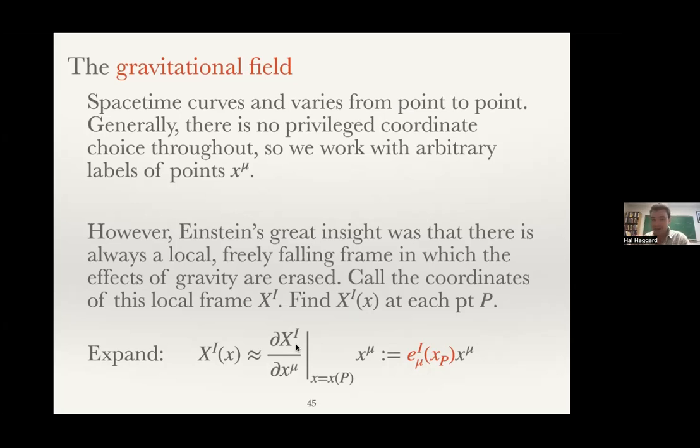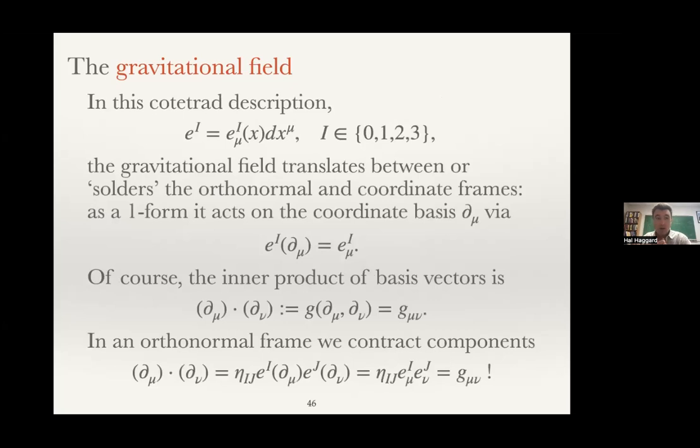Let's see how this idea, this is called a cotetrad, by the way, is connected with the formulation that you're used to. The cotetrad, well, we can write it as a differential form. You knew I was going to do that. So E^I, with I ranging as I said before, is just the one-form that we get by putting this Jacobian with a dx mu.